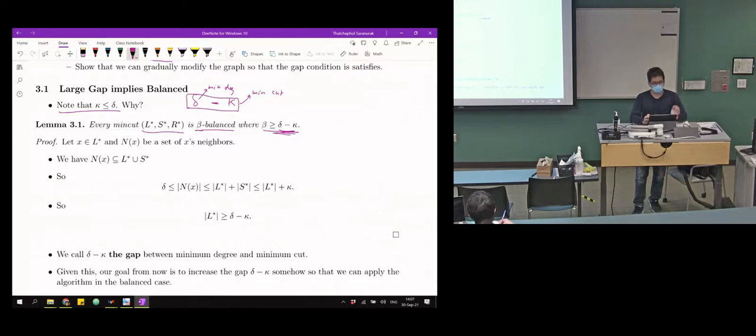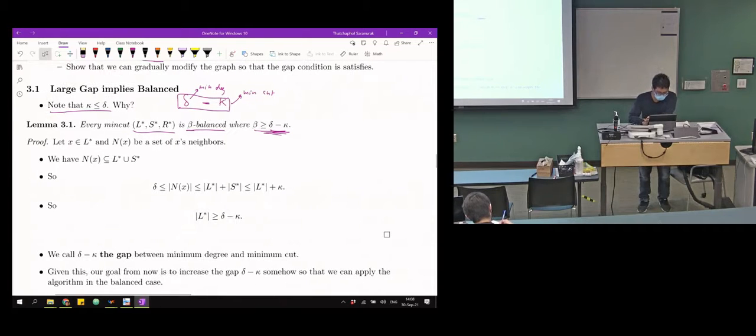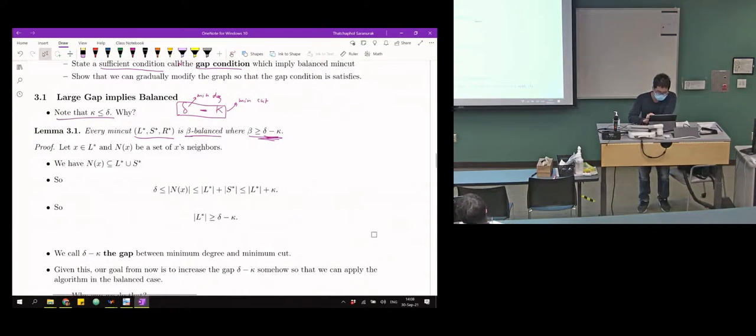Actually, this is kind of easy to see by picture. Let's say that you have L, S, and R. This is a min cut.